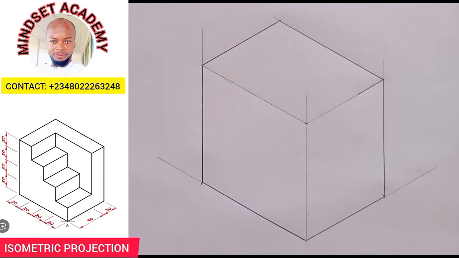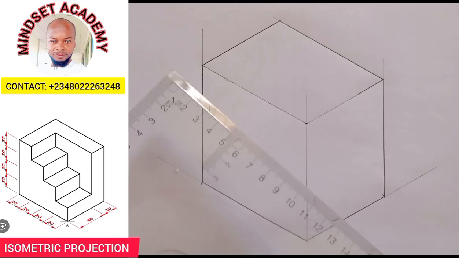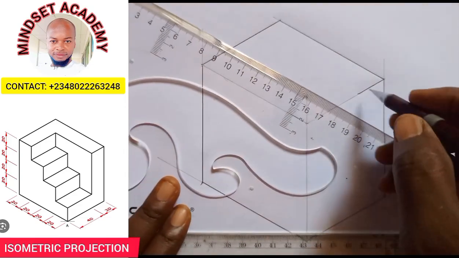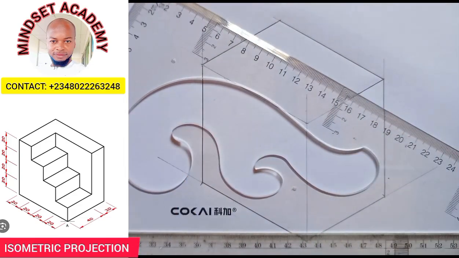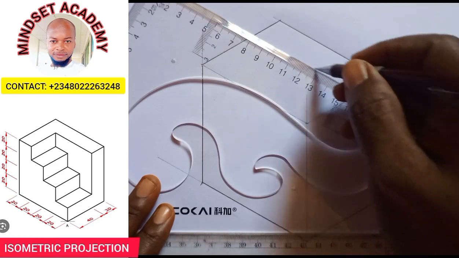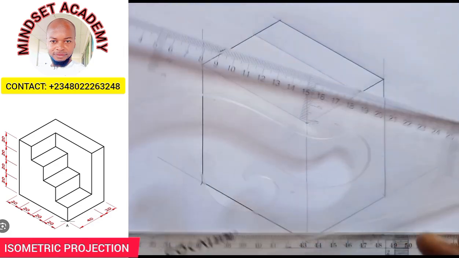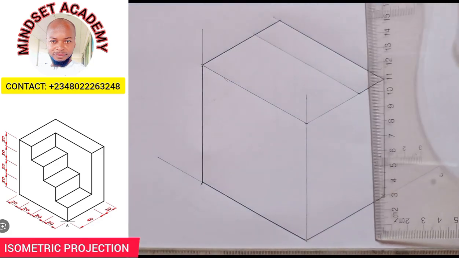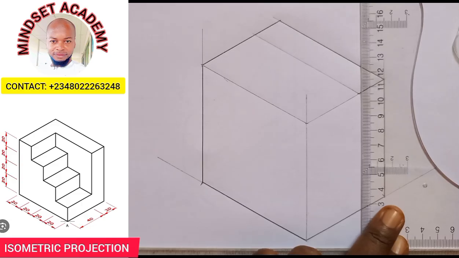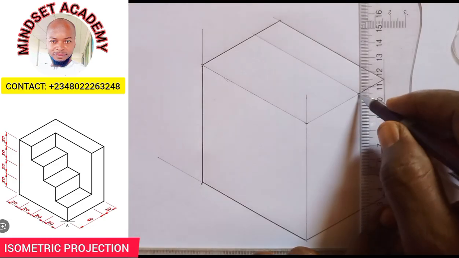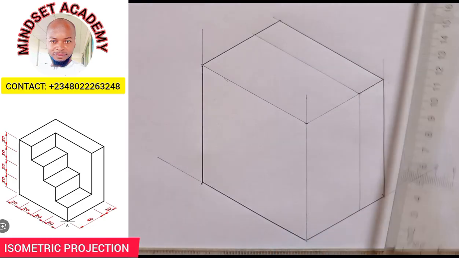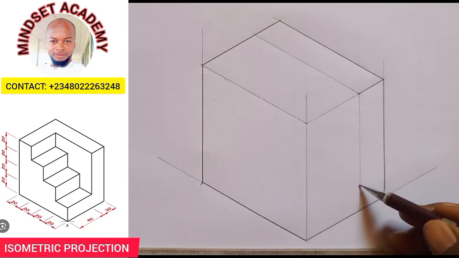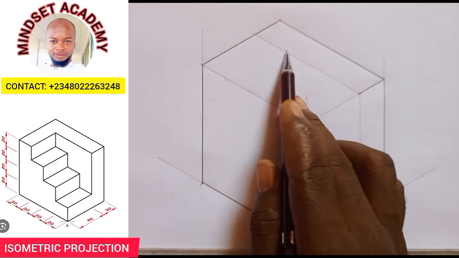Right? And I will take it down this way. Just see what I want to do. From here, draw your faint line to touch here, and from here also draw your faint line to touch here. So on those faint lines, measure 20 up and measure 20 here.